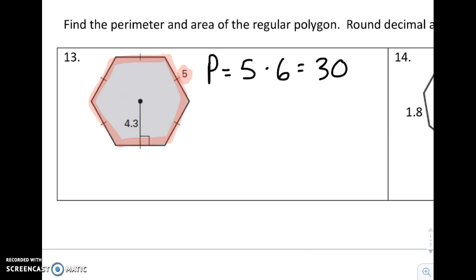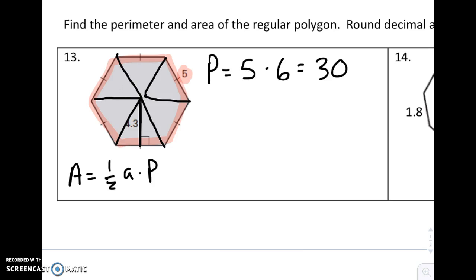Now on your formula sheet, there is a formula, area equals 1/2 apothem times the perimeter. The apothem is this distance from the center. I like to think of it as it's the height of the triangle. And since all of these triangles around would be congruent, you can also find the area by finding one of these triangles and multiplying.